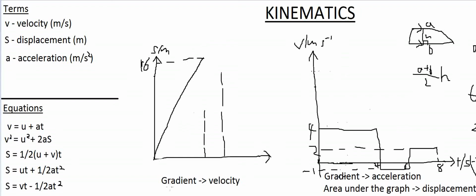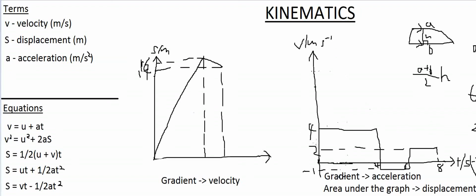The next region decreases, with an acceleration of negative 1 for 2 seconds. So the graph would look something like this. The displacement is 14. Use the area under the graph to see.